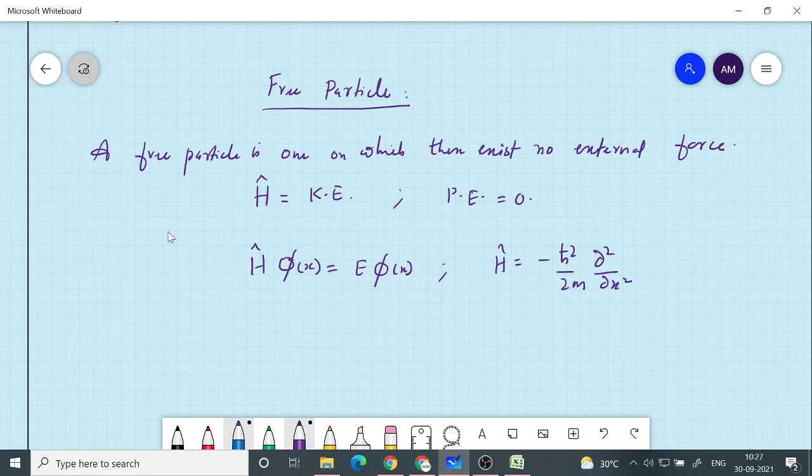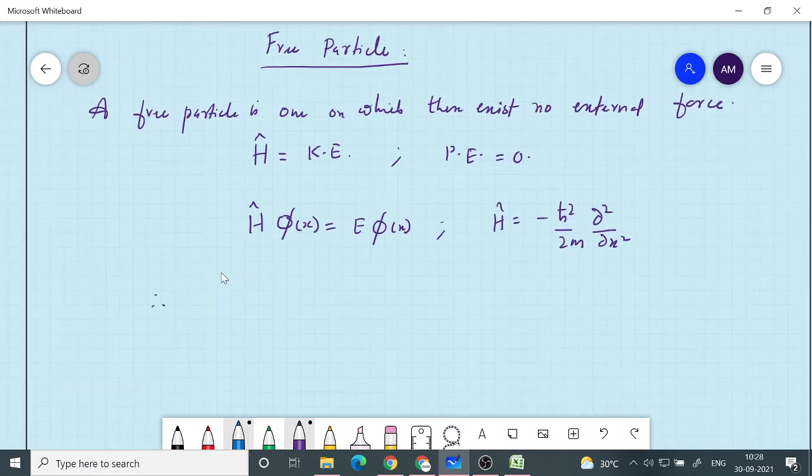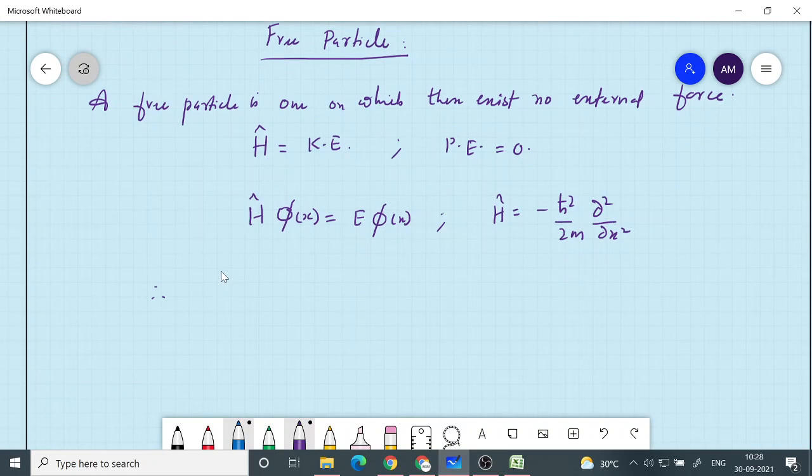Potential energy is zero. So therefore I can write the Schrodinger equation that is time independent. Whenever we solve the Schrodinger equation, we first solve the time independent Schrodinger equation, get phi of x and E, and then put it in the time dependent part.